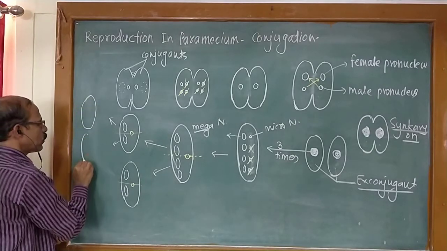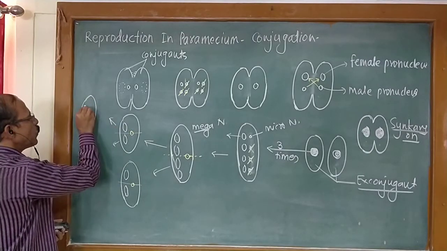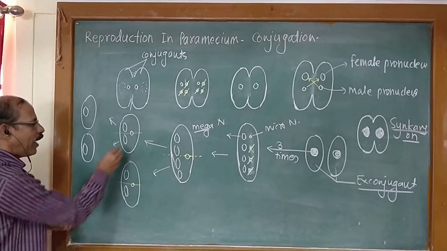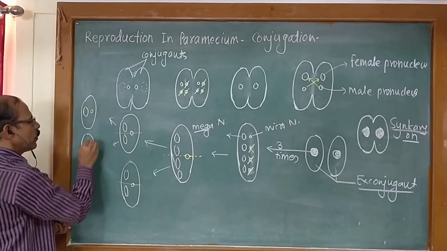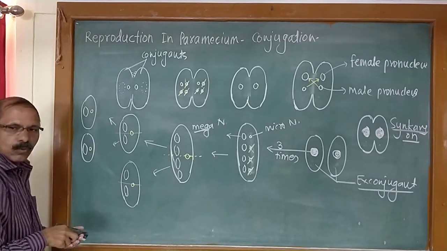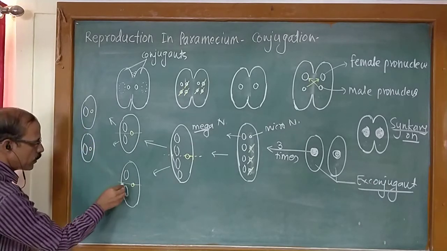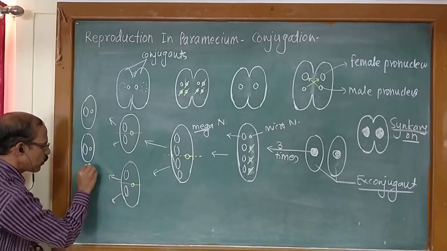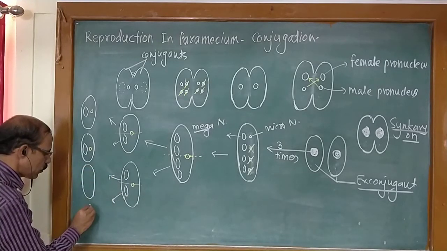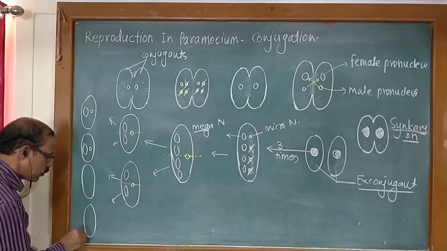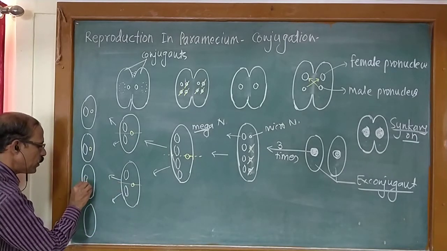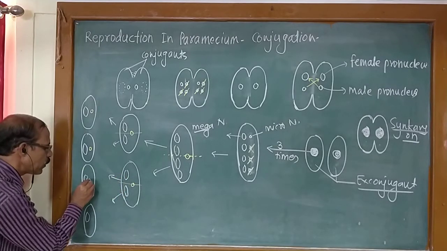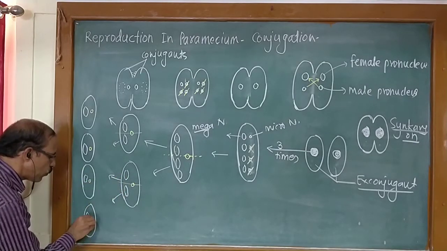Each one is having one meganucleus, and the micronucleus divides and goes to the respective paramecium. This one also forms two paramecia. Each paramecium is having one meganucleus and one micronucleus.